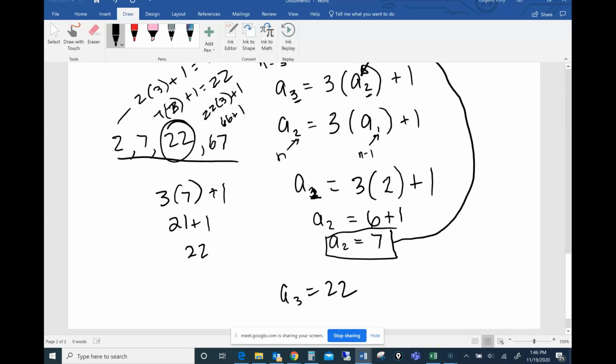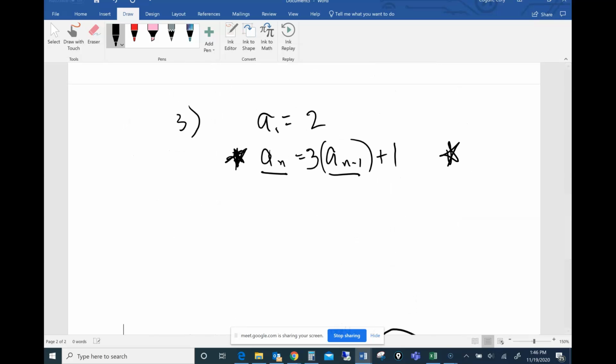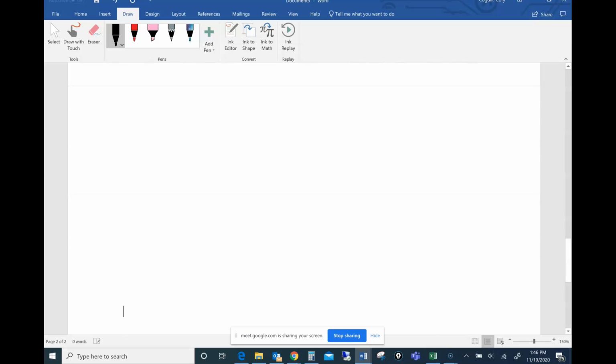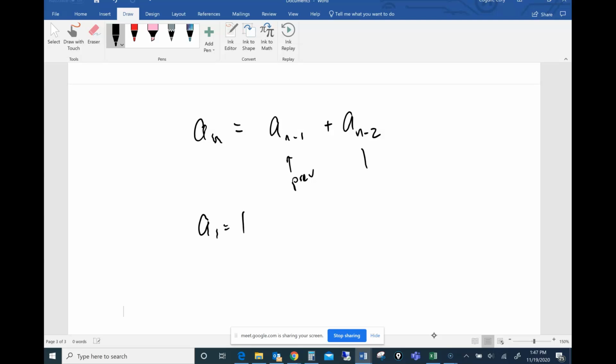Okay, let's see if we can. All right, so the formula is a sub n equals a sub n minus 1 plus a sub n minus 2. So to find the next term, we take the previous term and then we add the one that's before it. Okay, so if we know the first term is 1, the second term is also 1, so we have 1, 1.